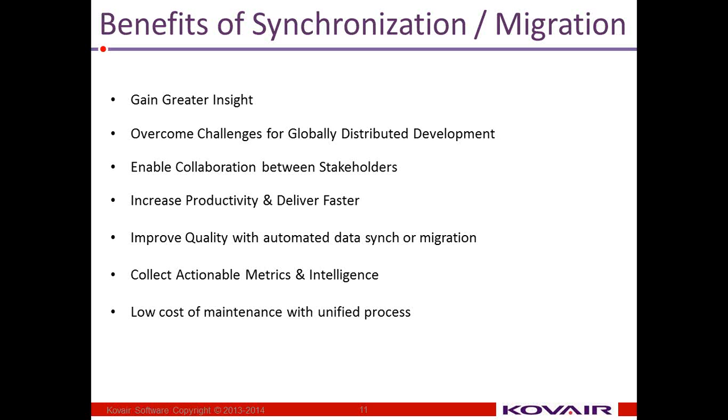And also, one of the most important benefits of migration is that you get to use only one particular system, and now you can have a low cost of maintenance and a single unified process to manage in a particular tool.